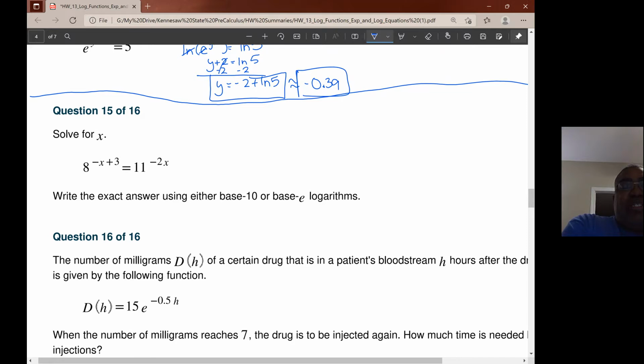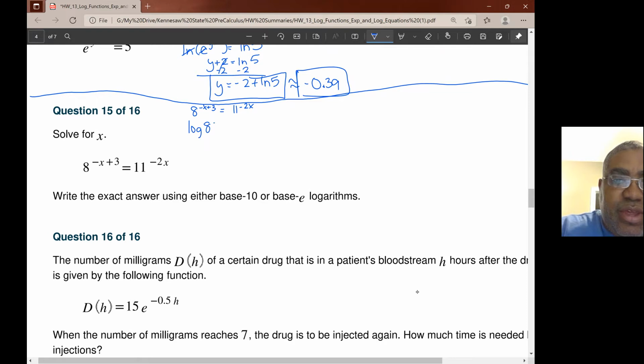It doesn't matter. So I'll do base 10 just because it's what I'm used to working with. So 8 to the negative x plus 3 is equal to 11 to the negative 2x. So log of 8 to the negative x plus 3 is equal to log of 11 to the negative 2x.